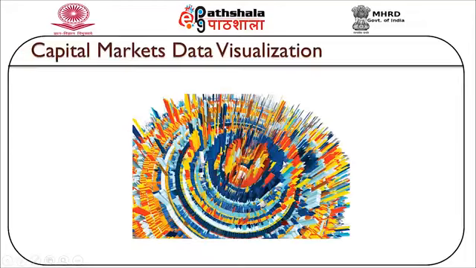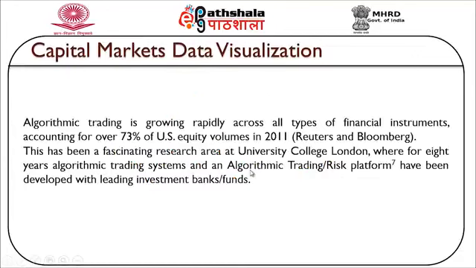So similar to that, we have various trips that are being marked here, which are shown in the form of a visual. The next kind of visualization that we are going to look at is the capital market data visualization. This is one example of capital market data visualization prevailing in one particular area. So algorithmic trading is actually growing rapidly across all types of financial instruments, accounting for over 73% of the US equity volumes in 2001, given by Reuters and Bloomberg.